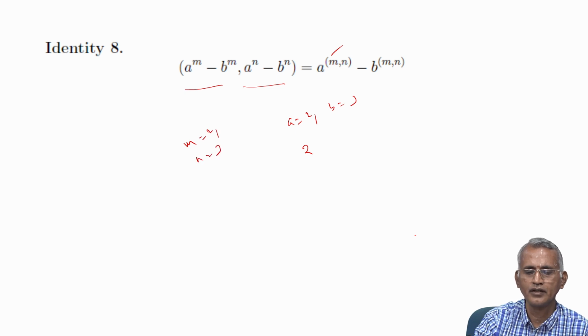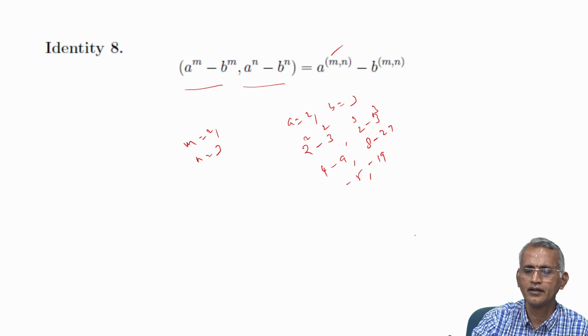So, 2 square minus 3 square, and 2 cube minus 3 cube. So, 4 minus 9, and 8 minus 27. So, it becomes minus 5 comma minus 19.